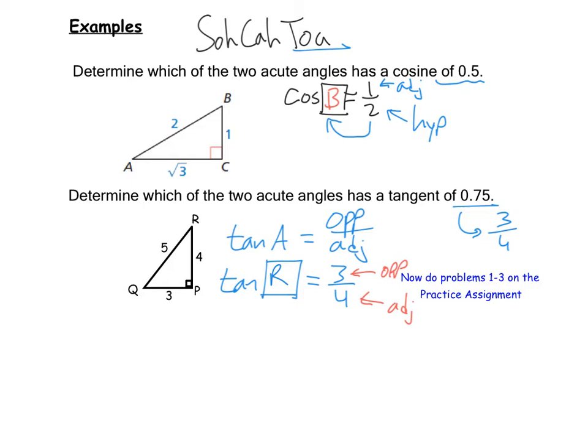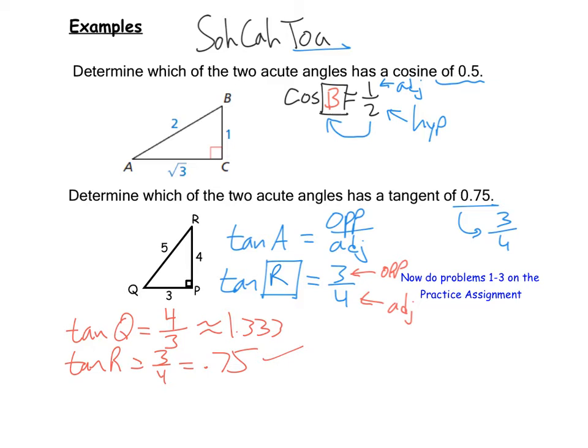Okay, so angle R is the angle we're looking for. Now, we could have also done this. We could have just gone tangent of Q is opposite over adjacent, and if you plug that in your calculator, it's 1.3 repeating. Okay, tangent of R is 3/4, which is 0.75. So R is our angle. All right, so either way.